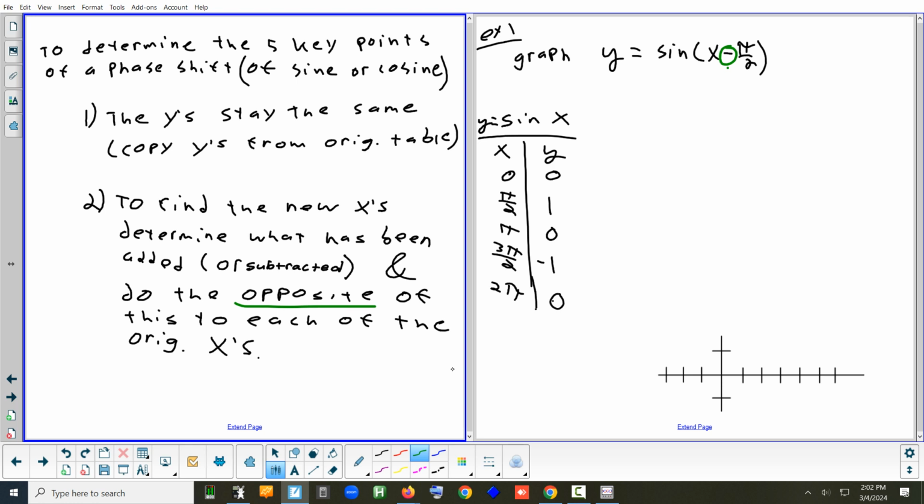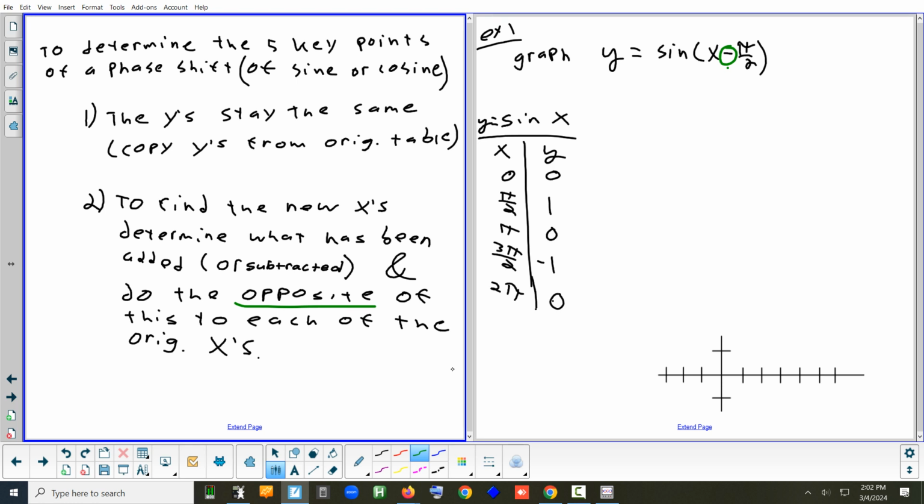It's in the parentheses. Okay, so two things about it. First of all, something's happening inside the parentheses. Well, what operation do you see in the parentheses? Subtraction. Because you have subtraction inside, that means horizontal shift. Same thing with addition.